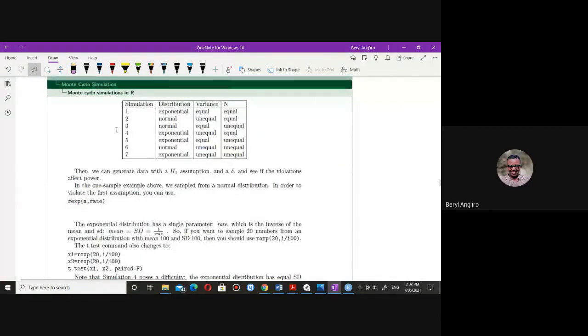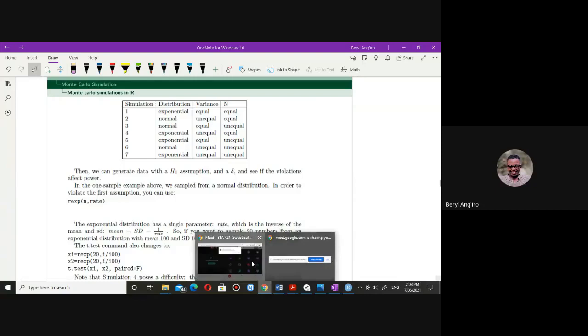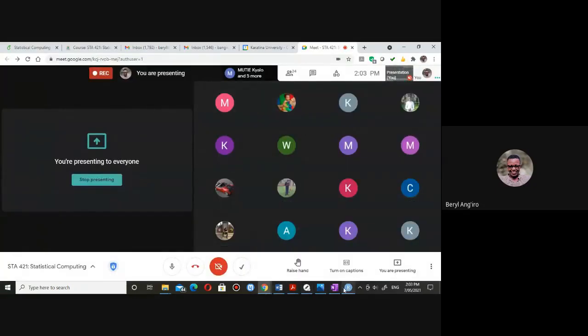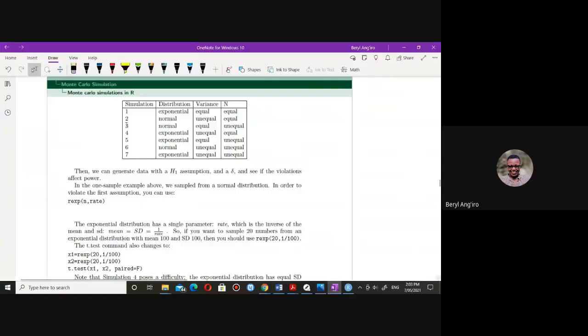So we can simulate 7 cases. We have simulations from the exponential distribution when we have equal variance and equal n. From the normal distribution when the variances are not the same but n is the same.